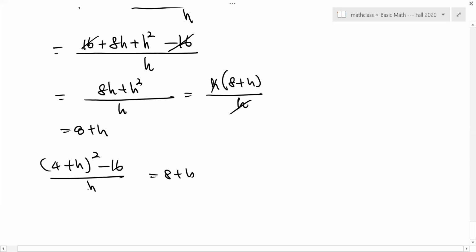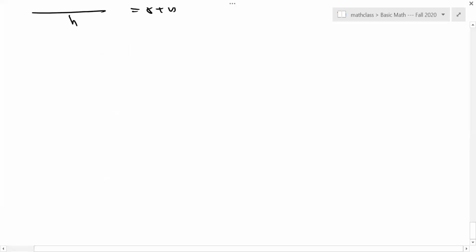If you look at the expression on the left-hand side, h is in the denominator, so if h is getting smaller and smaller, it looks like this fraction is getting larger and larger. Actually, it's not, because the numerator is also getting smaller and smaller. After you simplify, this complicated expression is just 8 plus h. So when h is sufficiently small, the term on the right-hand side is sufficiently close to 8. And this is the concept of a limit.